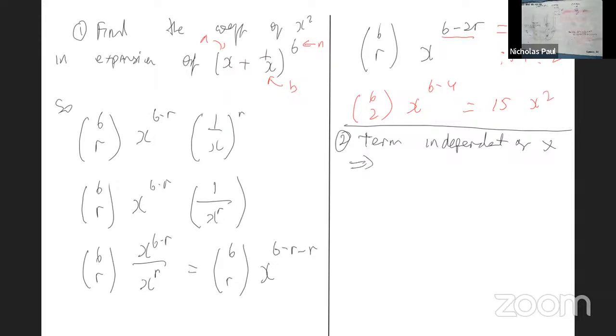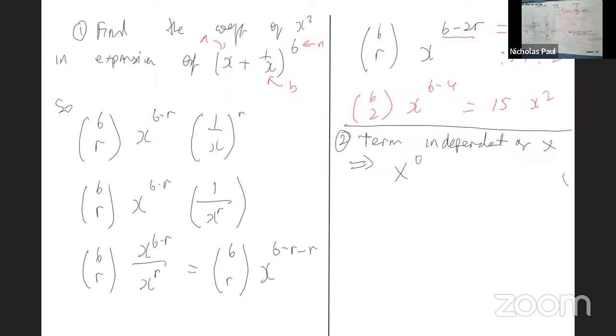What do you think independent of x means? Divya, what do you think independent of x means? X to the power of what? Independent of x means it has no x, so it's x to the power of 0.